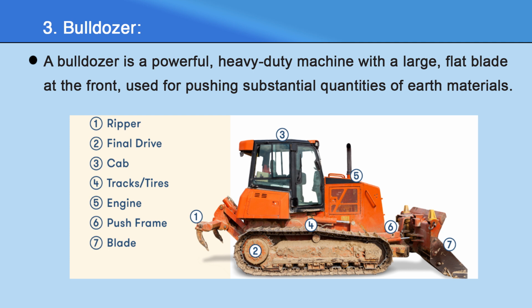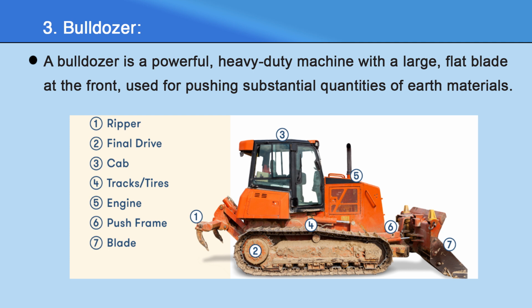Now, there are certain technical terms which are related to the earth moving equipments and bulldozers which we generally use. First, being blade. The large metal plate at the front of the bulldozer used for pushing materials.